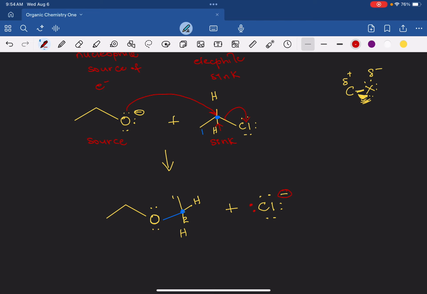Source to sink, you must look for that. Remember where the tail of your arrow originates from. Lone pair or bond. Wherever the head of your arrow ends up, either you're making a bond or it's forming a lone pair. And I gave you the two cases where it makes a bond and where it forms a lone pair.